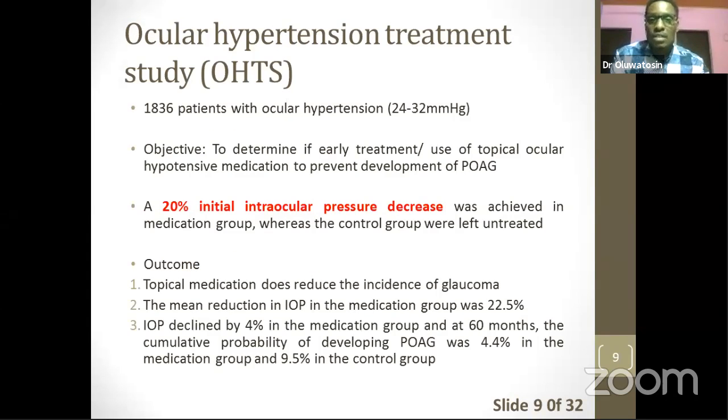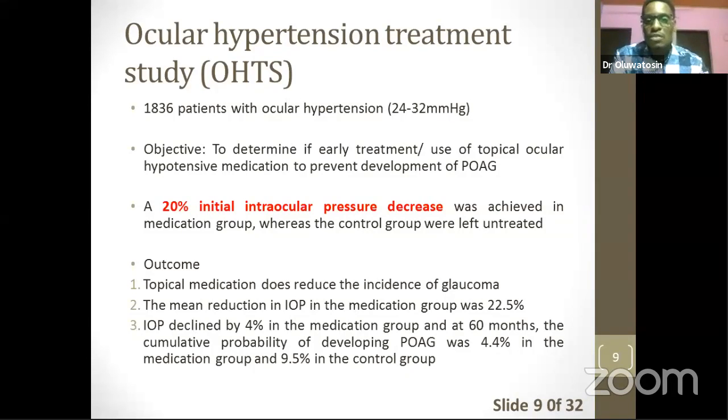In the ocular hypertension treatment study, 1,836 patients were enrolled into the study, and these patients had elevated intraocular pressure, but there was no finding of loss of visual field or damage to the optic nerve.